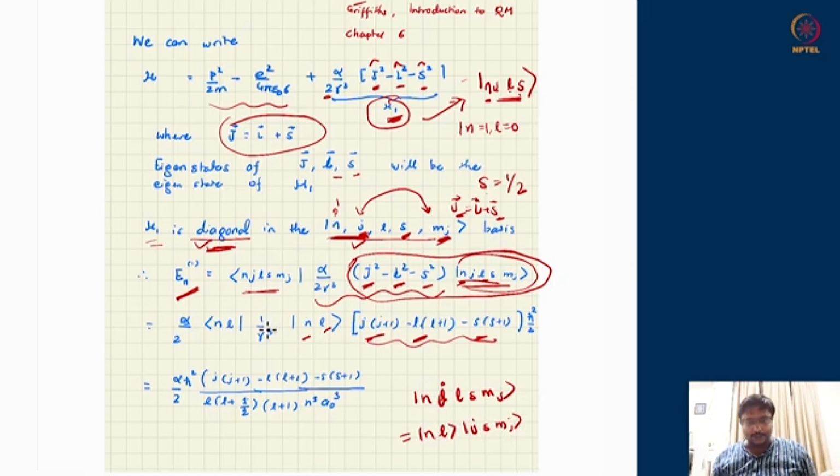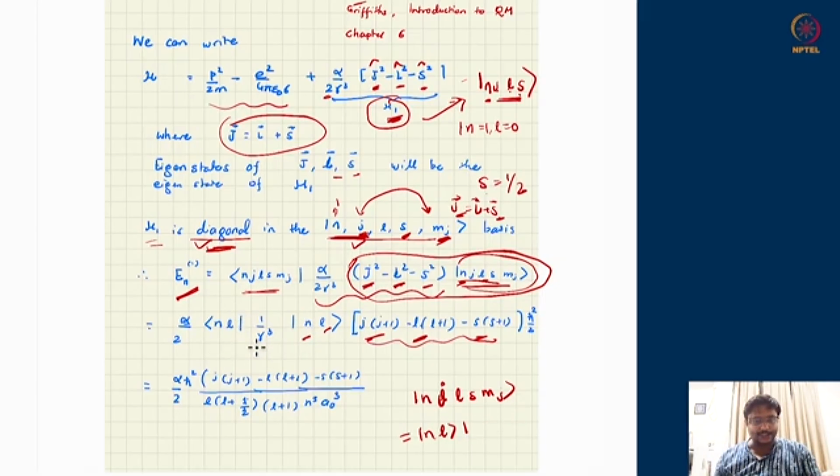When I squeeze 1 over R cube across this state, the J, S, M_J part does not undergo any operation. They will just plainly get an inner product with respect to each other and give me 1, and 1 over R cube will come in between.